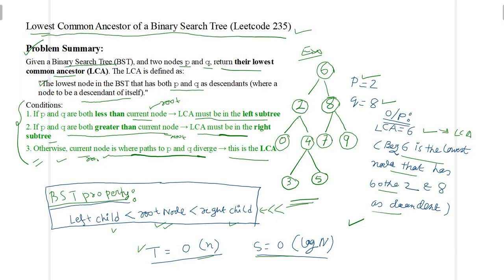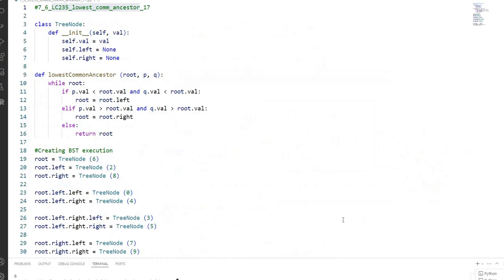Now we go for the coding here. First of all we define a class for the tree node, for which we define a constructor where we pass the value, with the left child given the value None and the right child given as None. Now for the lowest common ancestor function, we pass the root and the P and Q values as well.